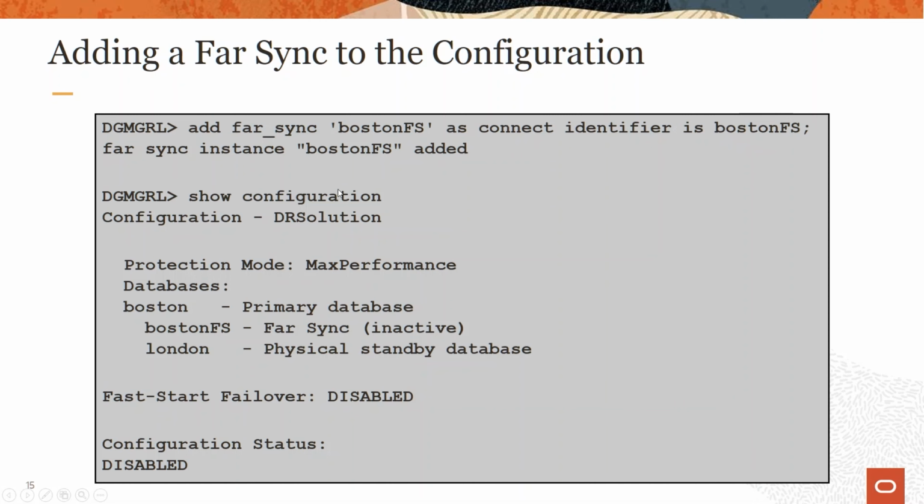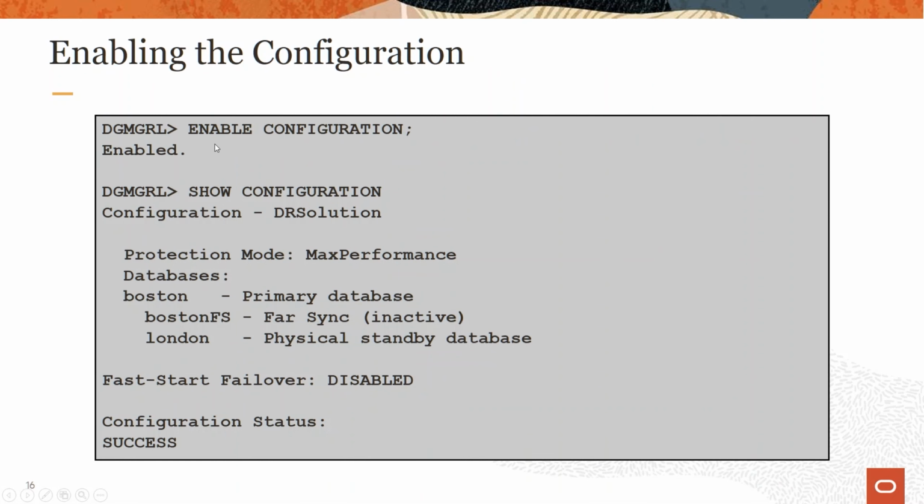So show configuration, it shows you the newly added configuration. And then finally, you enable the configuration. So show configuration, and my configuration name is dr_solution, composed of one primary database, one far sync instance, and one physical standby database in this example.